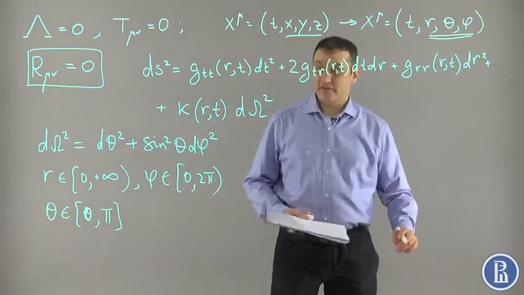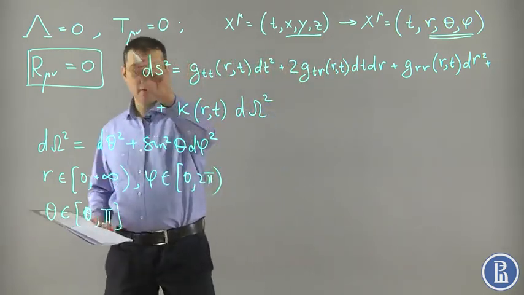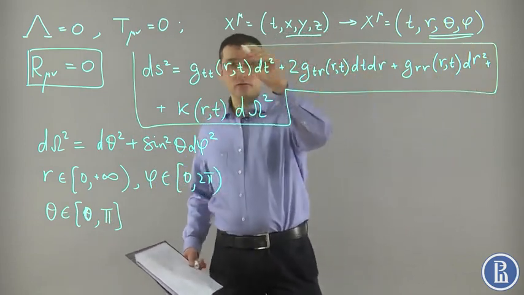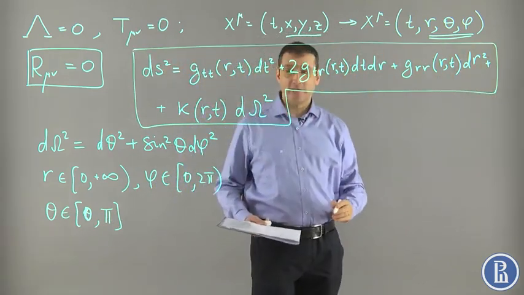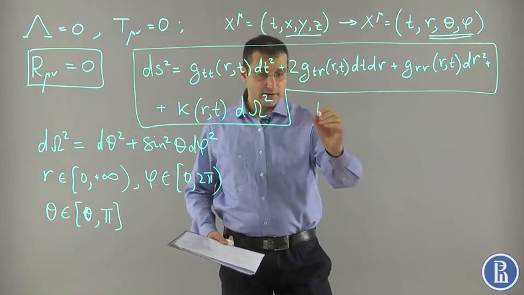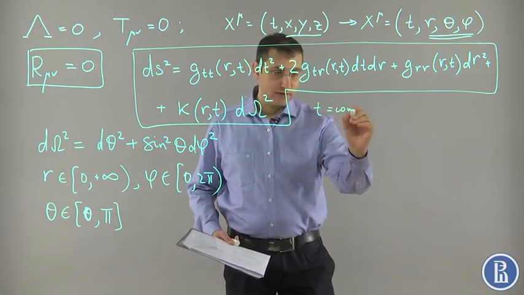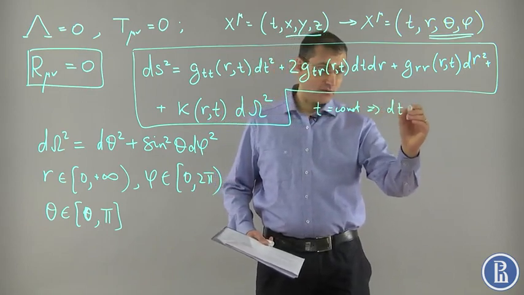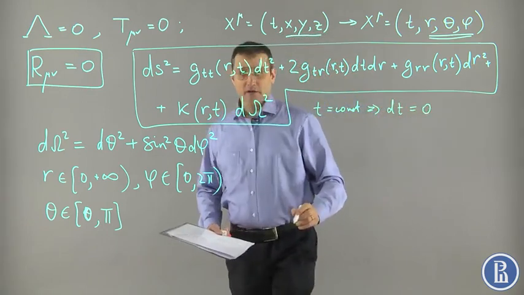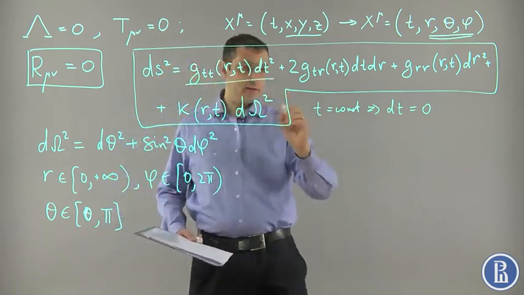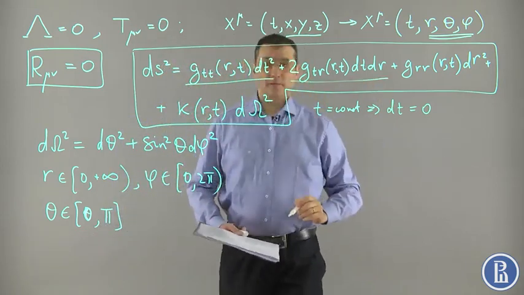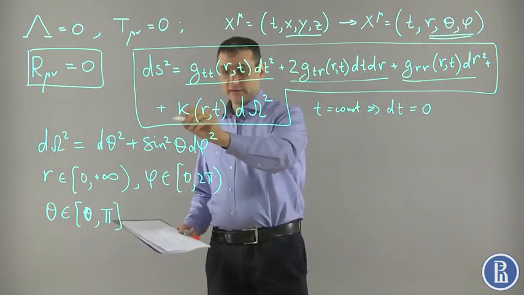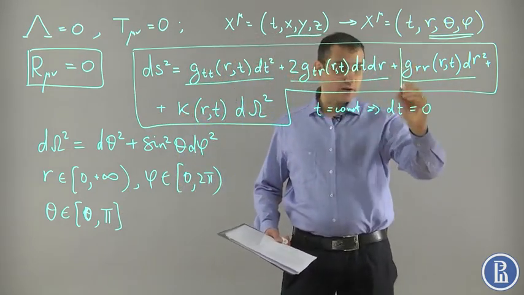And why does this metric respect spherical symmetry? Well, let's consider its time slice, meaning the t constant slice. It means that dt is 0. When dt is 0, this drops off, because dt is 0. What remains is this thing, and this is the spatial part of the metric.